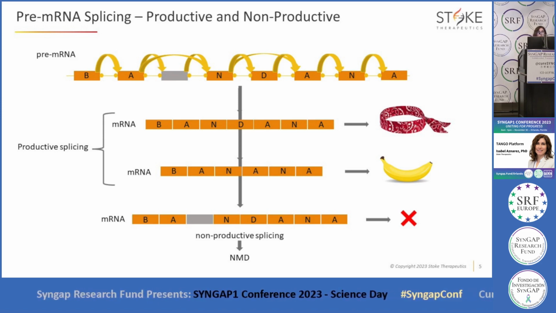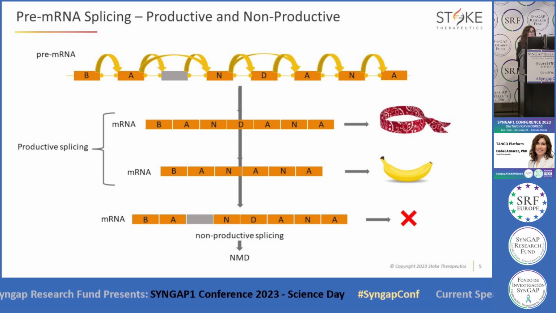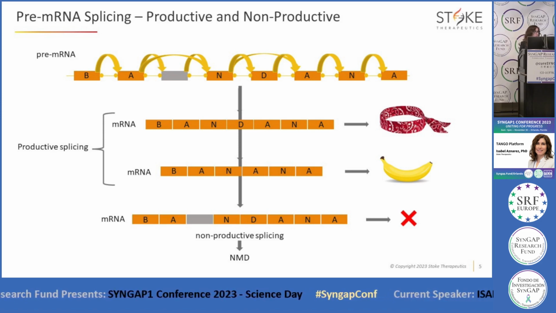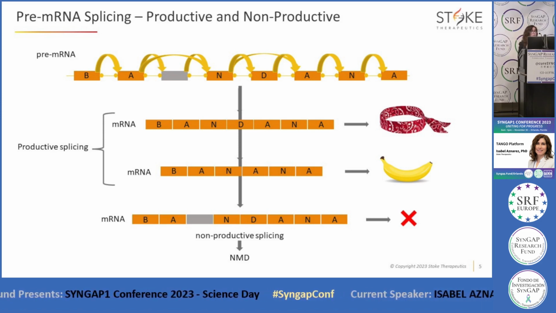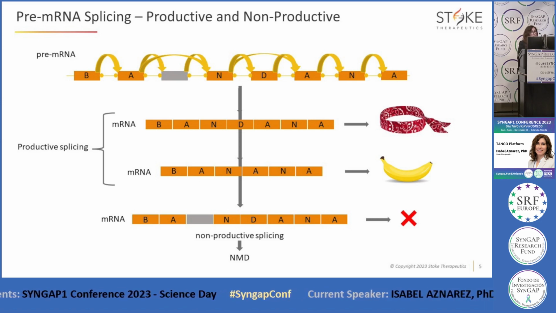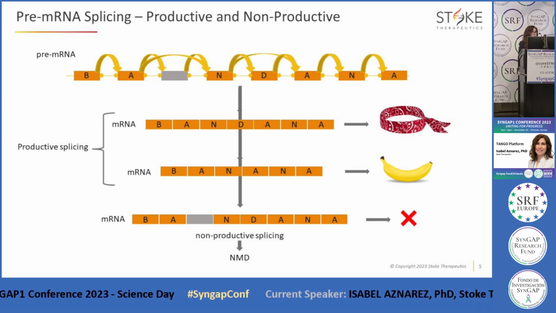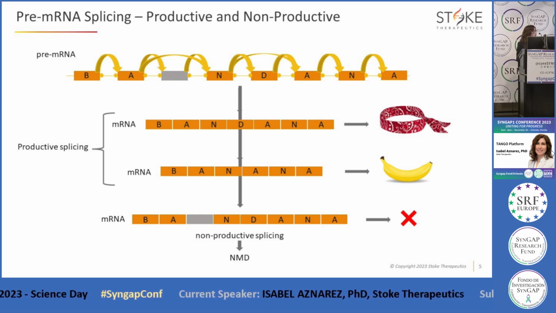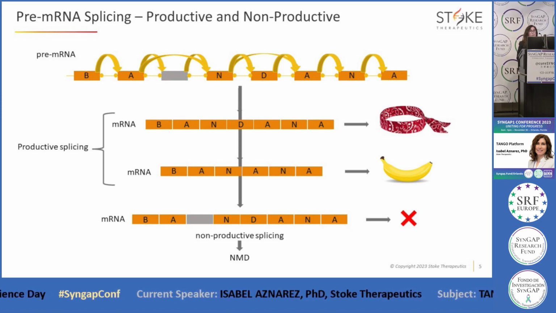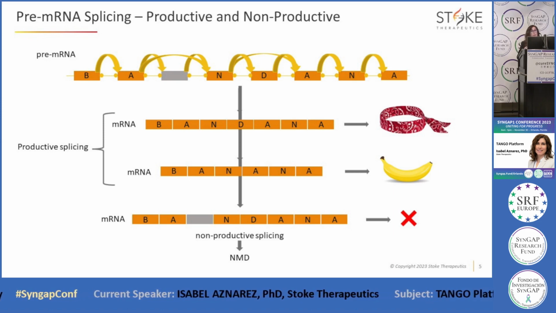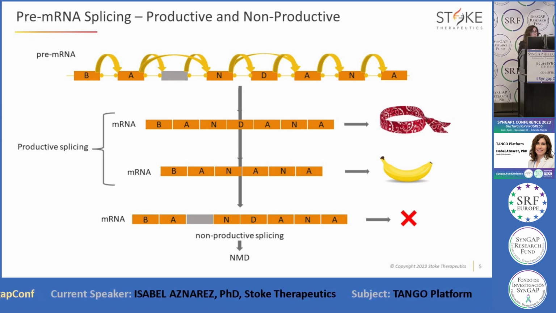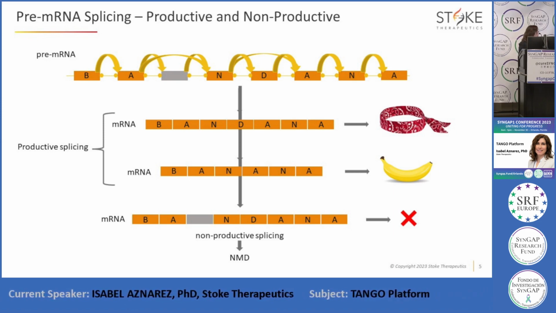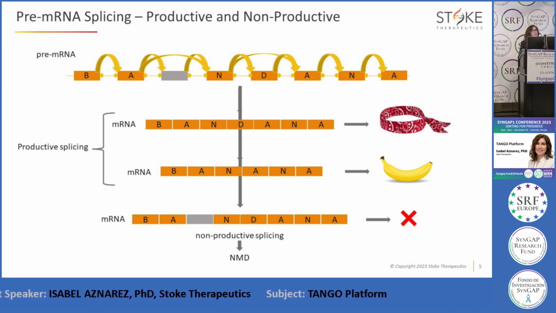That editing, which we call pre-mRNA splicing, ensures that the coding regions in a gene, which we depict by rectangles, get joined together, and the non-coding regions, which are the lines or the introns, are removed from the pre-mRNA to make that mRNA. But this process can happen in many different ways. It's called alternative splicing.